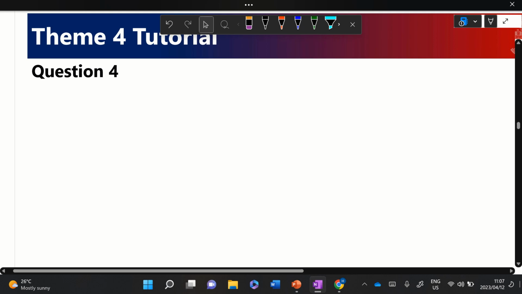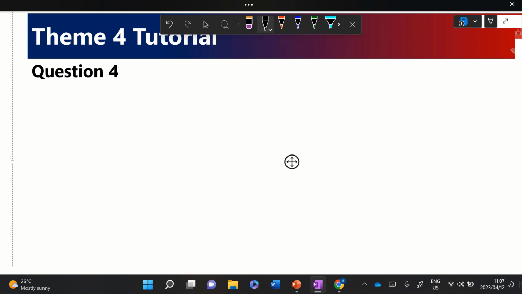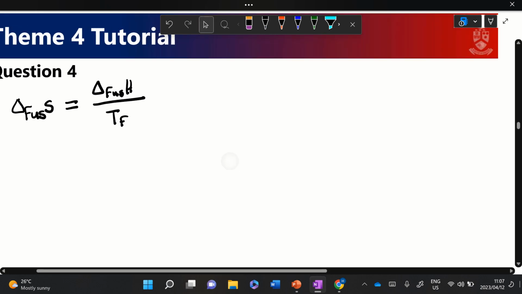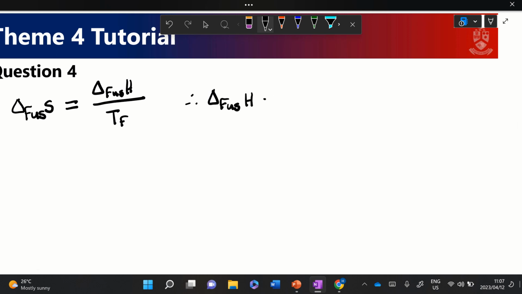Then the enthalpy of fusion. How do we calculate it? The entropy of fusion is equal to the enthalpy of fusion divided by the transition temperature, so the freezing temperature. So the enthalpy of fusion is equal to the freezing temperature times the entropy of fusion.